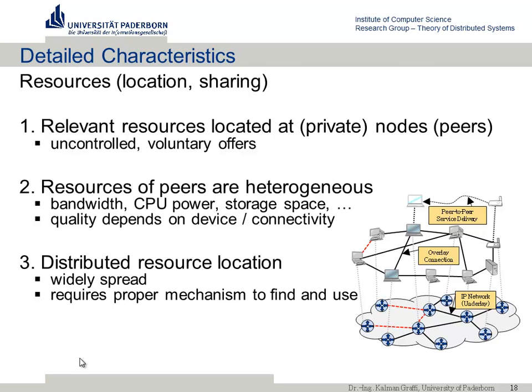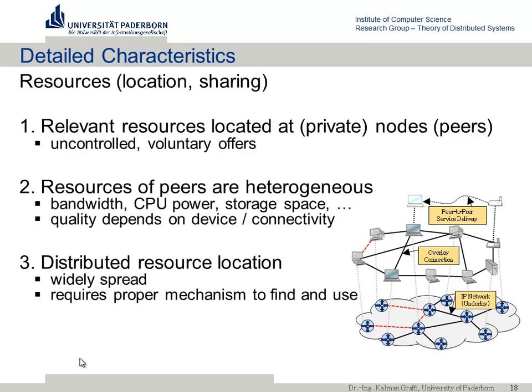And that means the resources are, on one side, storage space, CPU power and bandwidth, but also the files and whatever you would like to have that they could offer, so files and services or something. And as you can imagine, this is uncontrolled. Because it's in the hands of private users, you cannot really take control of it, and you are just hoping that they voluntarily offer enough resources.